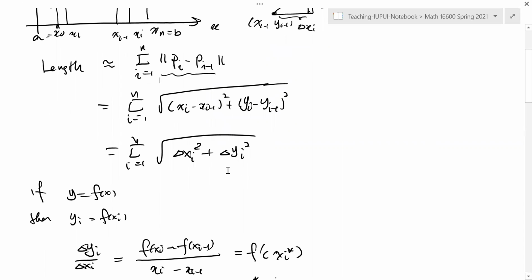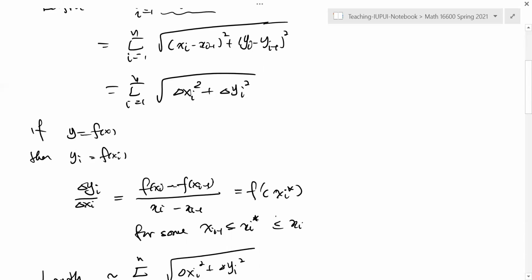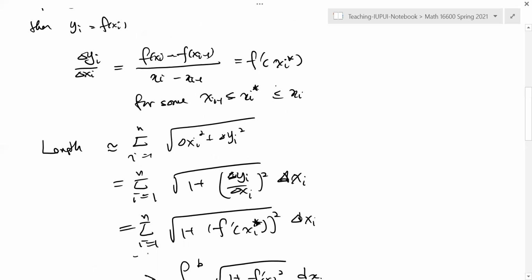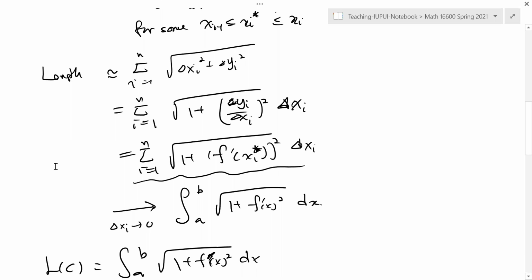If the curve is described as the graph of a function f, then yi is determined by f of xi. Then you end up with this type of sum, a Riemann sum of the function square root of 1 plus f prime of x squared. So the limit should be equal to this integral.